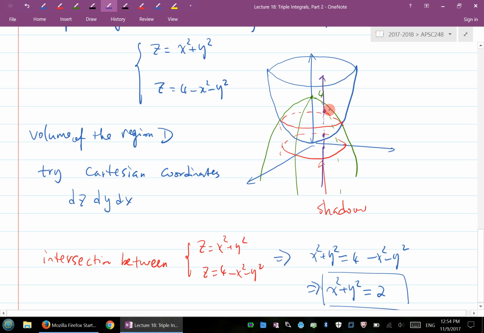Apparently the first contact is at the bottom surface, and the second contact is on the top surface. So your z min is x squared plus y squared. Your z max is 4 minus x squared minus y squared, right?